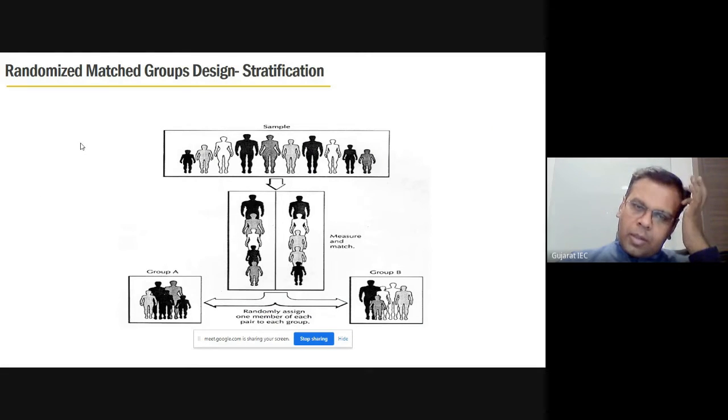I think you are aware of randomized matched group design or stratification. Say you have all different types of people available at your disposal for conduct of the study. It could be short, long, thin, healthy, obese, whatever.